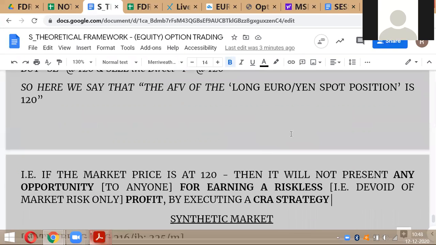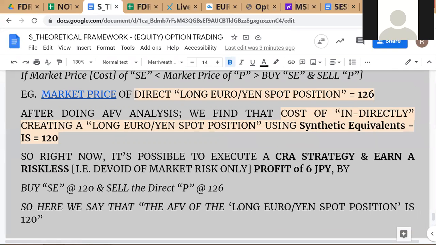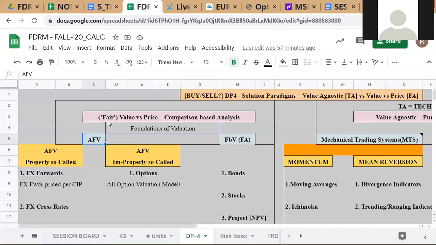You saw us doing that over here. We looked at the market price, then we looked at the cost of the synthetic equivalent. So this is the fair value estimate actually, okay? And so therefore this is a fair value. These are both similar, but there's a difference here. You'll see it more clearly when we actually give the example.